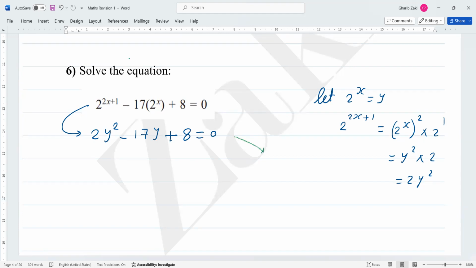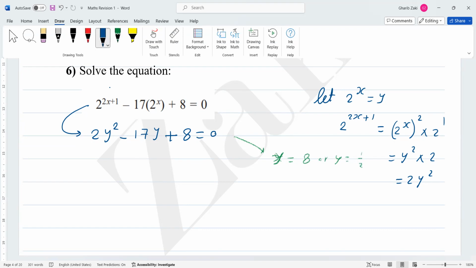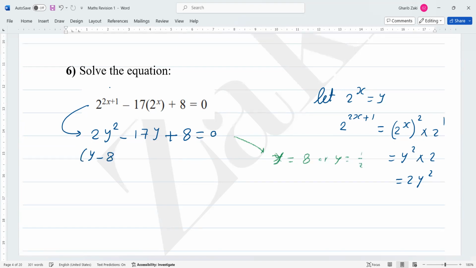So y equals 8, or y equals half. When we write this in brackets to be factorization, it's y minus 8, bracket 2y minus 1 equals 0. Then we write y equals 8 or y equals half.